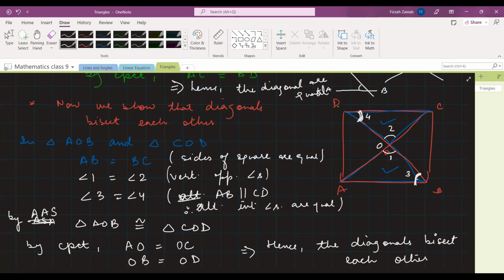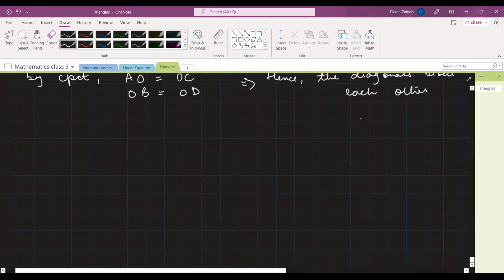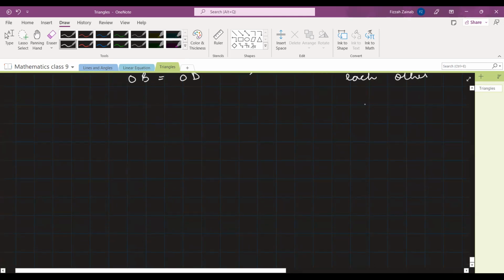I hope you have written up till here. Yes, ma'am. Okay. Now let us move to the third part. So again, I'm drawing a figure. This is a square, right?